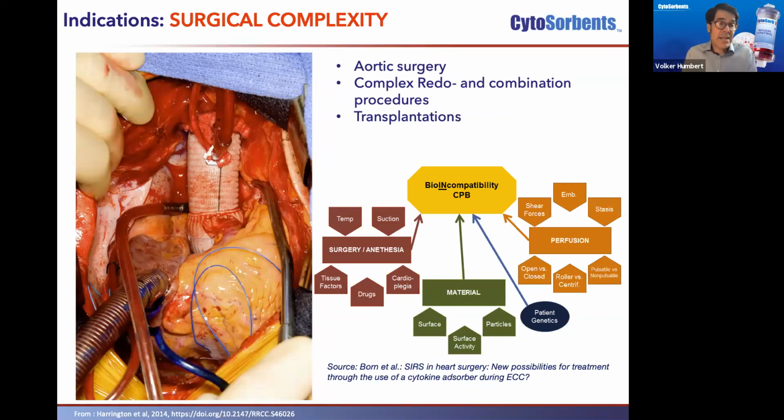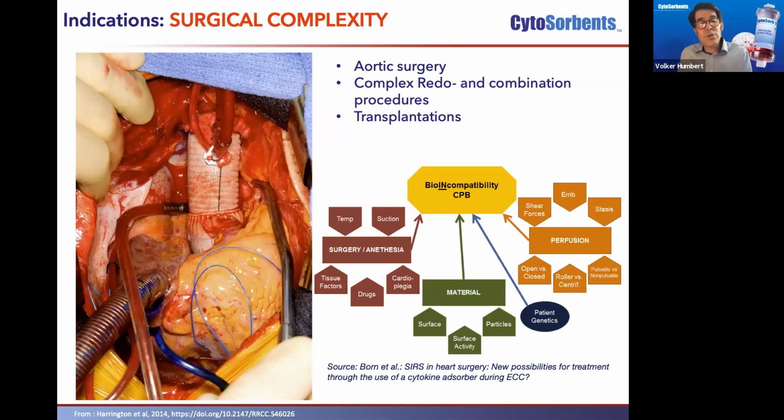We know, as I said in the beginning, that cardiac surgery has potential triggers to stimulate the immune system. The cardiopulmonary bypass has a certain bioincompatibility which can result in a dysregulated immune response.